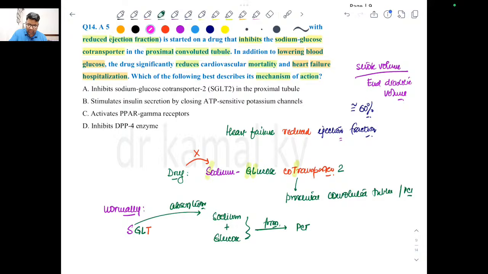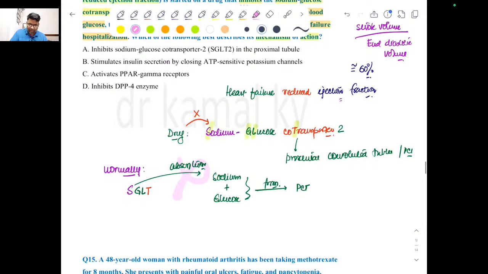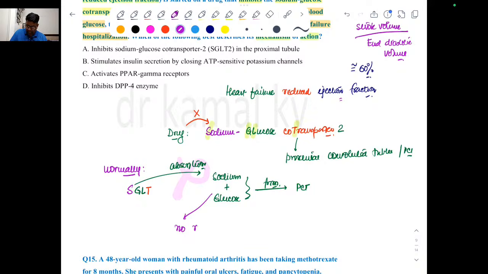Now, suppose I am blocking this SGLT2 especially, what will happen? There will be no absorption, right. So, there will be no absorption and therefore, glucose will go into urine, that will be known as glucosuria.